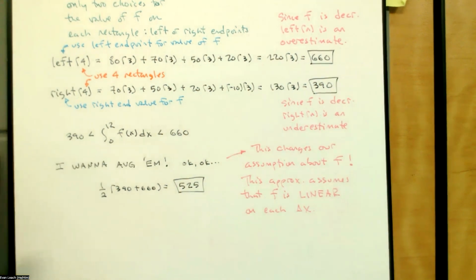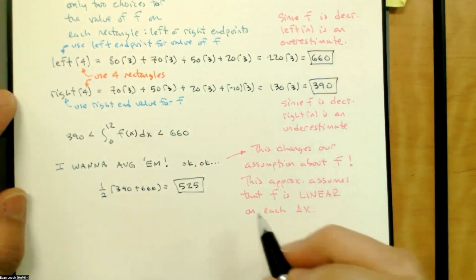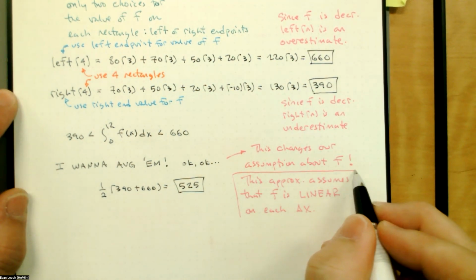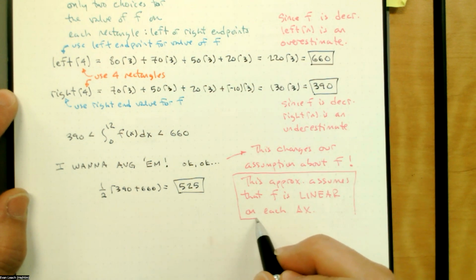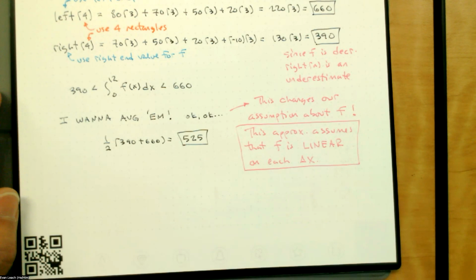So what you're doing here is assuming that the function is linear on each delta x. Instead of just saying 80 for 3 units or 70 for 3 units, 80 down to 70 linearly. You're making a line between those two. Let's draw a picture of that.